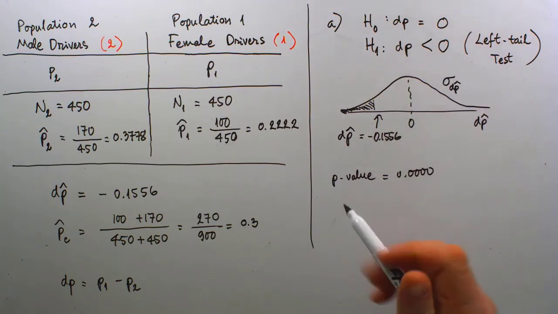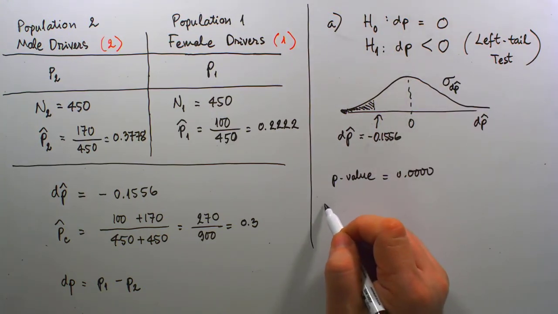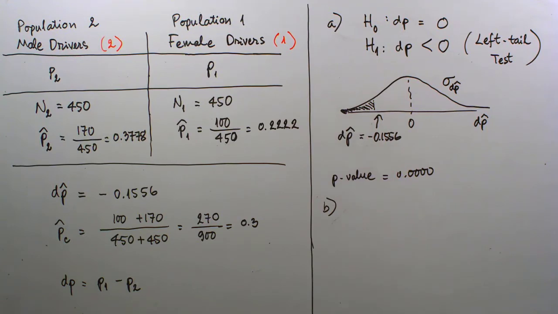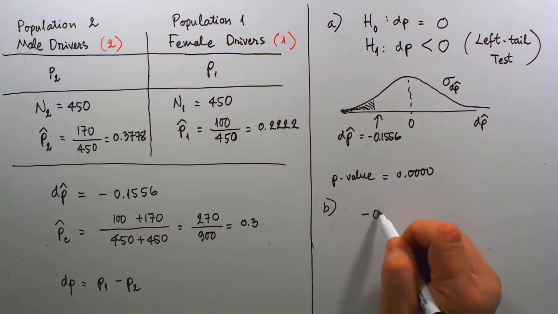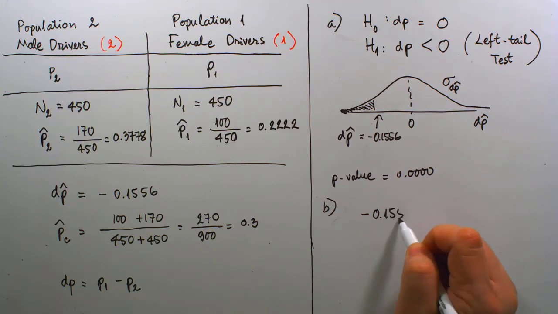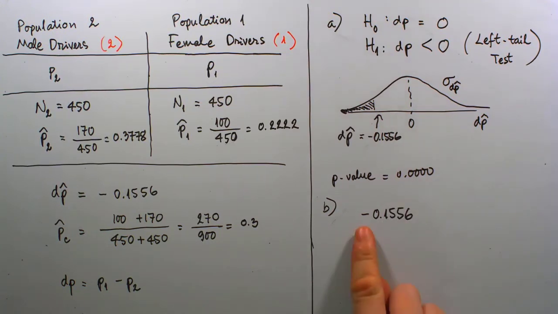So in that case, when we advanced over to part B of our problem, where we constructed the confidence interval, the sample value that we need in the center of our interval is now a negative 0.1556.